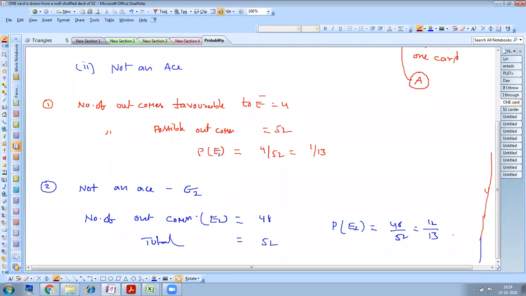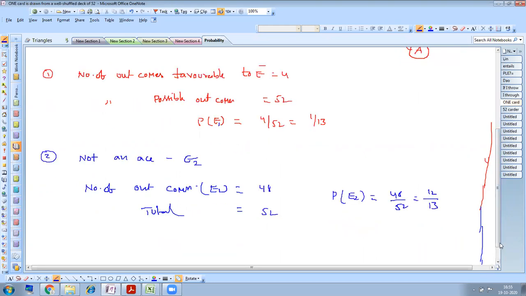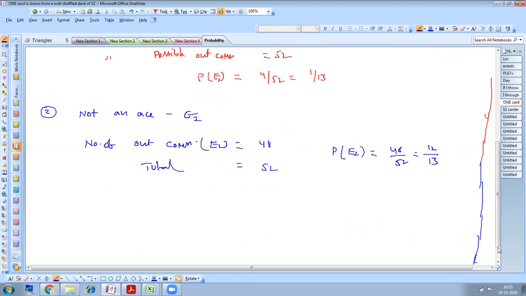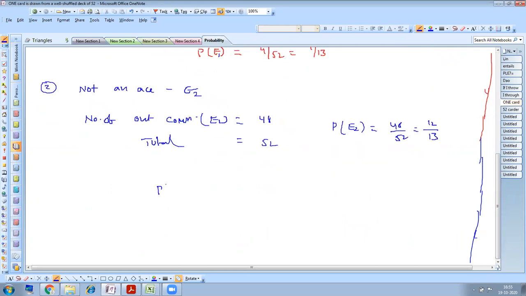Is it clear, guys? Now, the same question I can do like this. What is the meaning of not an ace? It's the complement of getting an ace, correct? Here, the events E1 and E2 are complementary to each other. E1 is asking getting an ace, E2 is asking not an ace, anything other than an ace.